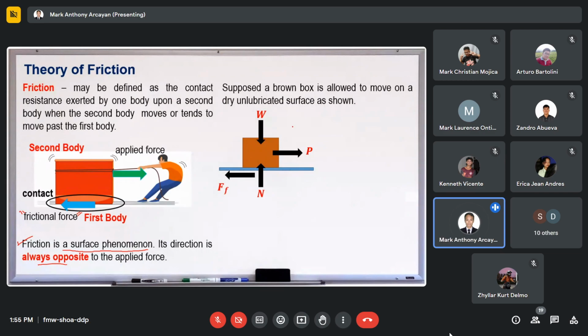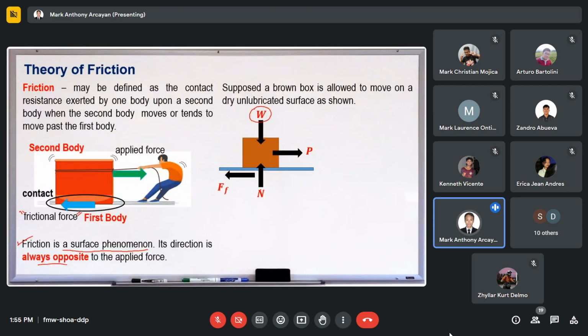Now, let's say atong i-quantify ang ato ang resistive force. So suppose we have a brown box right here and this box is allowed to move on a dry and unlubricated surface as shown. So if we construct a free body diagram sa ato ang brown box na ni-rest on this dry unlubricated surface, so naa siya weight.